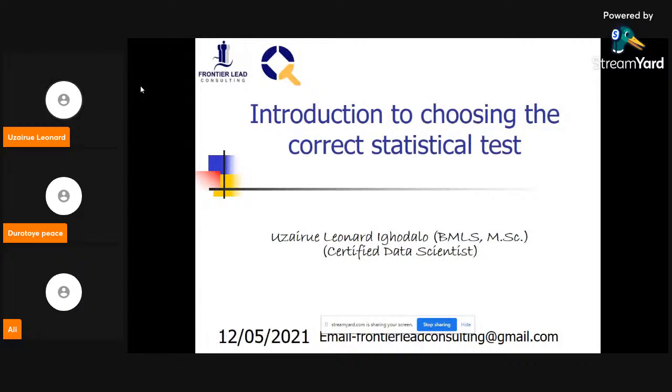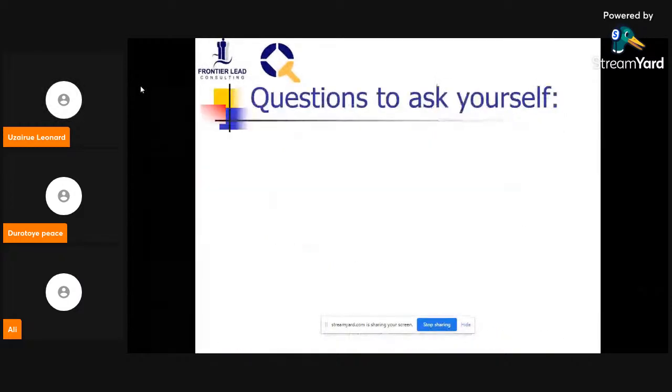So that's what we are going to be looking at. Now, there are certain questions that you have to ask yourself when you want to engage in any kind of study. You need to understand what kind of study you want to do.